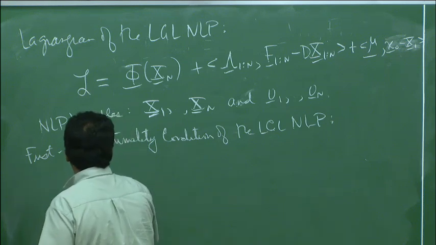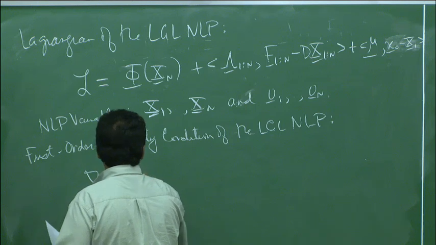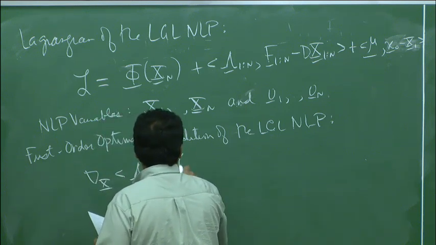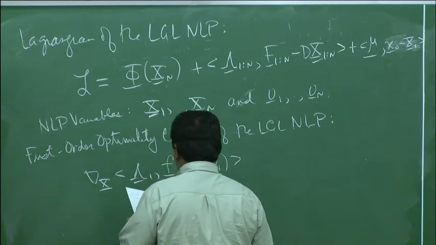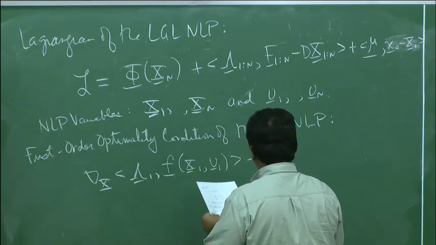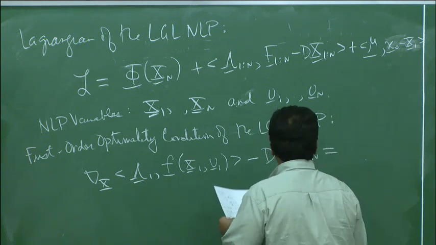So the first thing we do is we get the gradient with respect to x of lambda 1. So I'm going to deal with the first point. And then I've got f of x_1, u_1 minus D_1 transpose lambda_{1:n} is equal to mu.